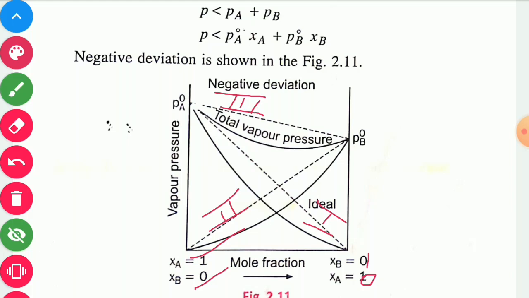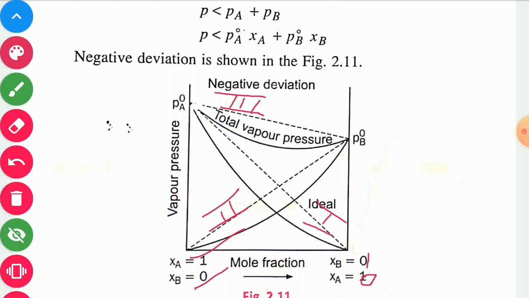The dotted line indicates in each case the pressure for the ideal solution. Here this dotted line at the second line indicates the partial pressure of one of the components of the ideal solution. The first dotted line also indicates the partial pressure of the next component, and the third dotted line indicates the total vapor pressure of the solution.